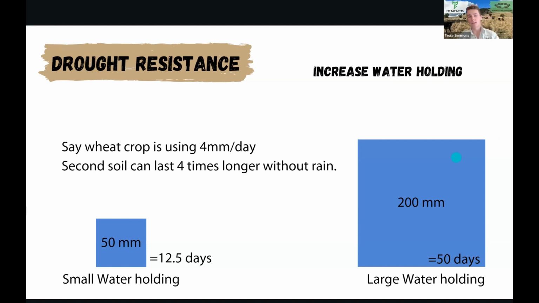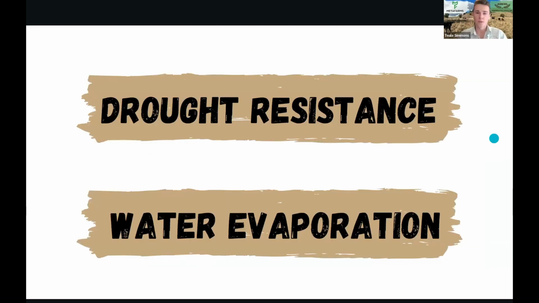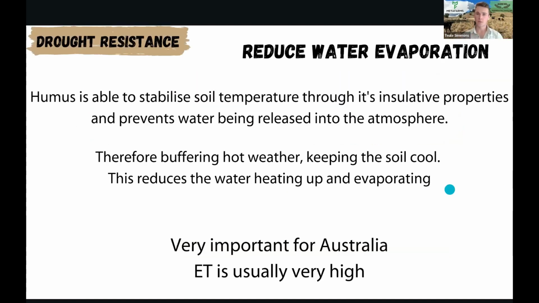The other component is we want to reduce water evaporation in our soils, and humus has a really interesting function. Essentially, it can stabilize soil temperature through its insulation properties, and so it's going to prevent water from being released into the atmosphere. Therefore, it's going to buffer hot weather, keeping the soil cooler.